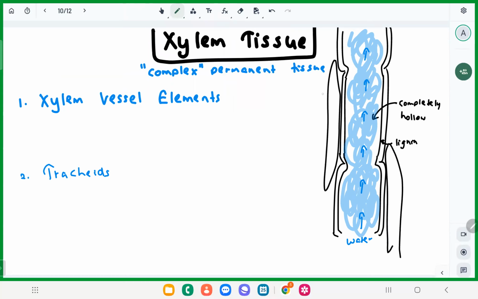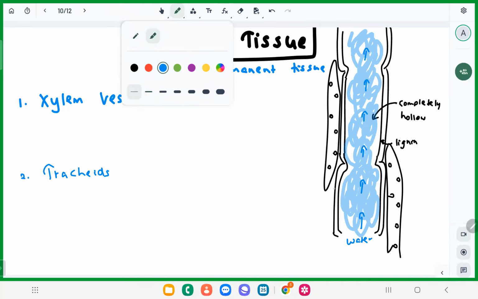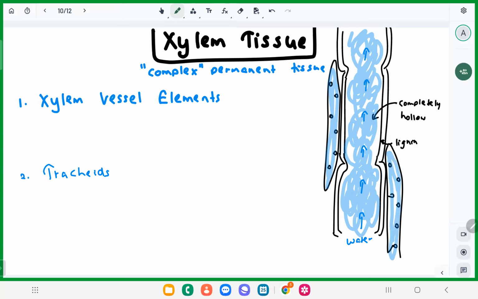And these cells have pits in them. And these cells can also help to transport water up the plant. So you get water transporting up these cells as well. So that's the second type of cell found in the xylem tissue.